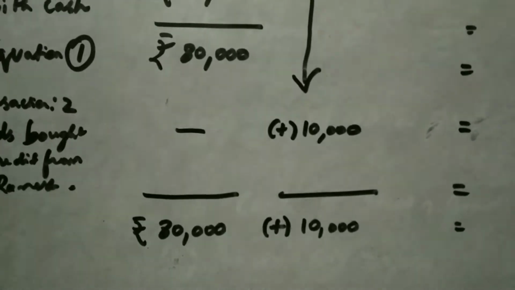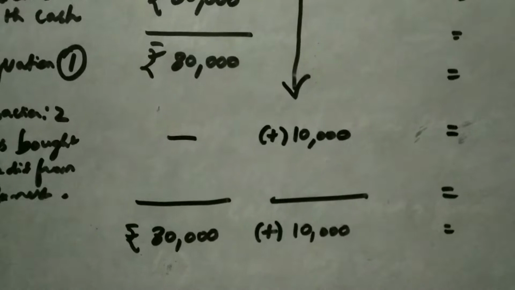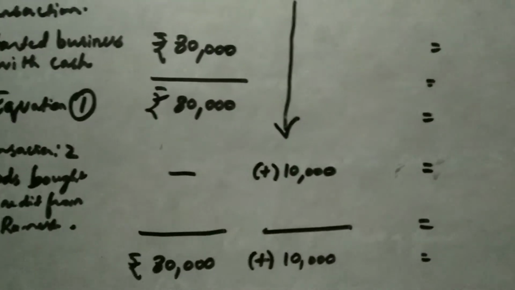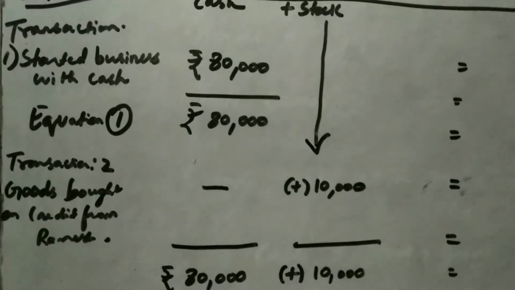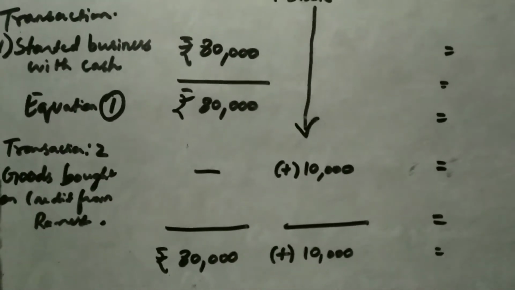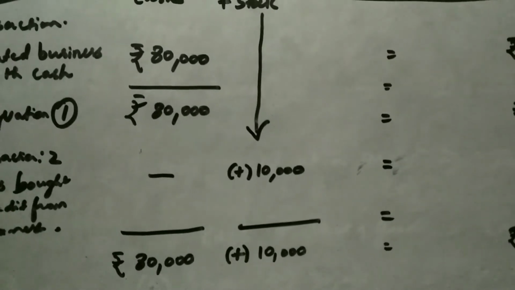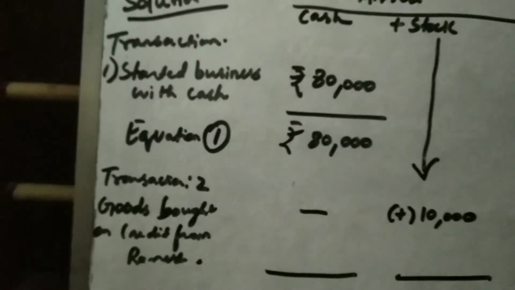Same 80,000 on this side, and you have 10,000. Now just add the LHS. 80,000 plus 10,000, 90,000. Similarly on the right hand side, 80,000 plus 10,000, 90,000. Both sides are equal. This is equation 2.